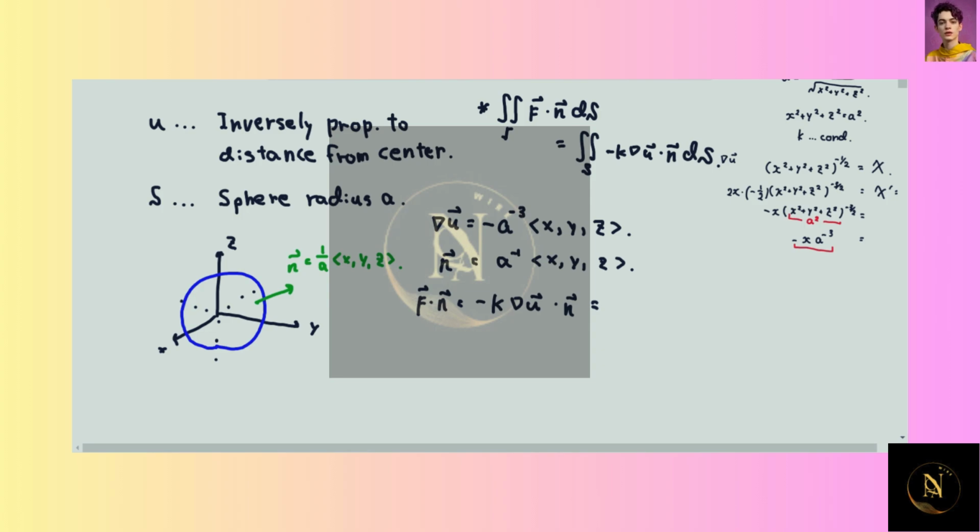And then we know that we're going to get a term x squared plus y squared plus z squared, which we know that it's equal to a squared. So we can use that fact over here. So this simplifies to, like that, k c a to the negative 2.